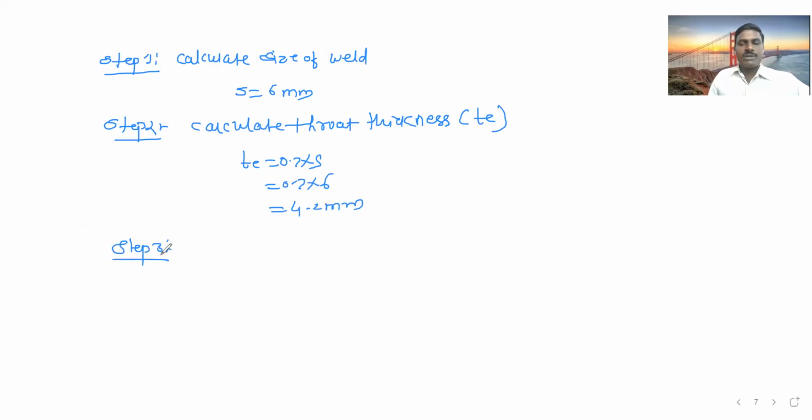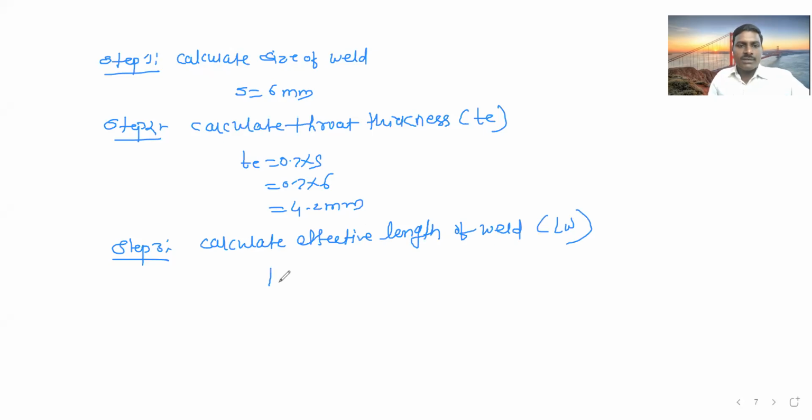Now this step is very important. Step number 3. So in step number 3, what we have to do? Calculate effective length of the weld. So that is Lw. So by using the figure, see the figure and calculate the effective length. So how you can calculate? 2 into 250 plus 2 into 300. Getting this?